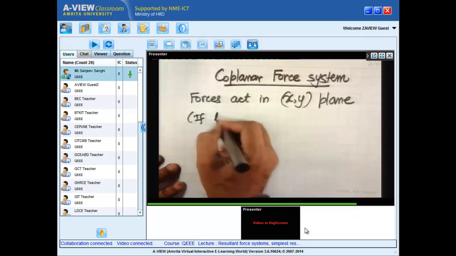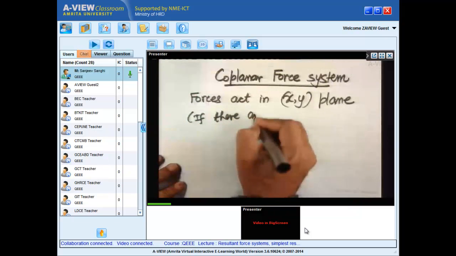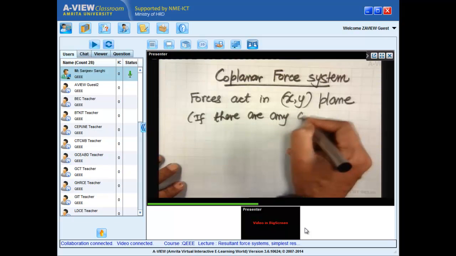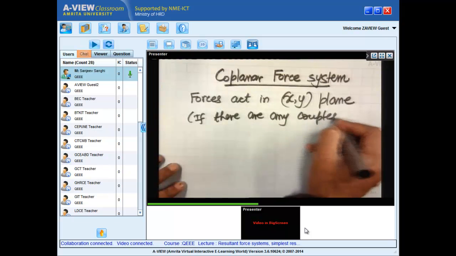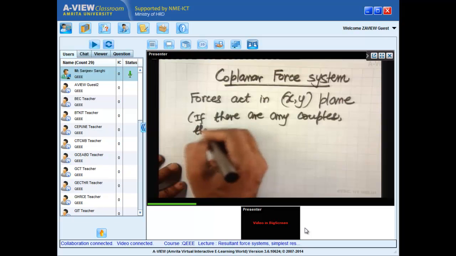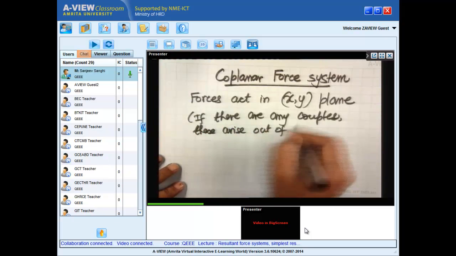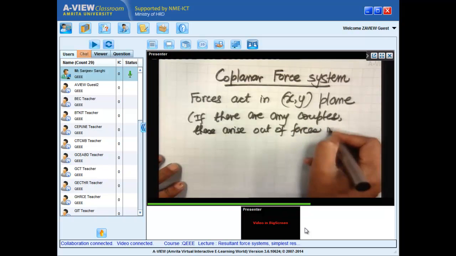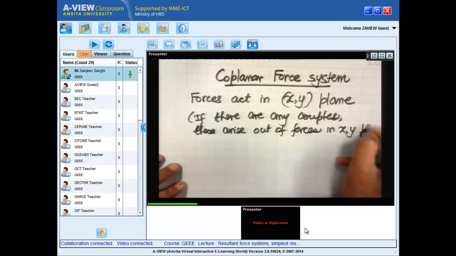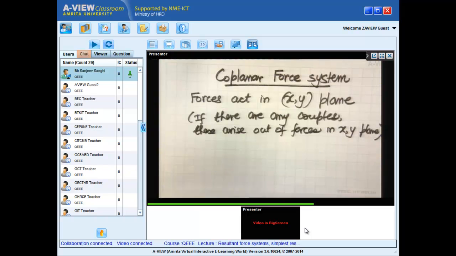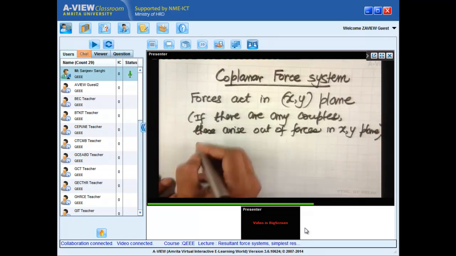So if there are any couples, these arise out of forces in the xy plane. If the forces are in the xy plane, what is the direction of the couple?